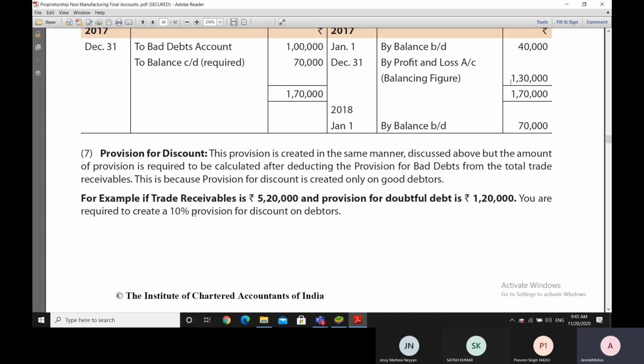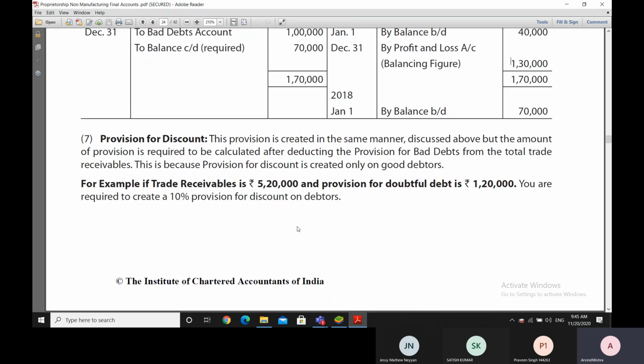So if we want to create a provision to the extent of 10%, we are estimating that we may have to give a discount of 10% to encourage early payment from those debtors who are not provisioned to be turning bad.